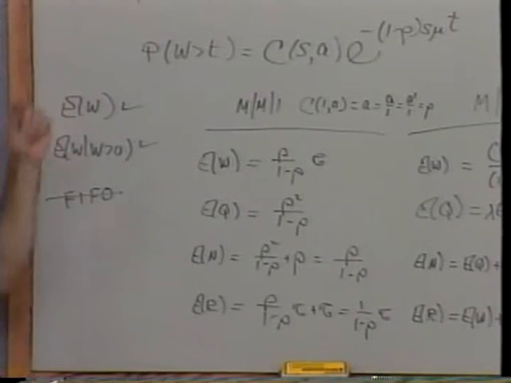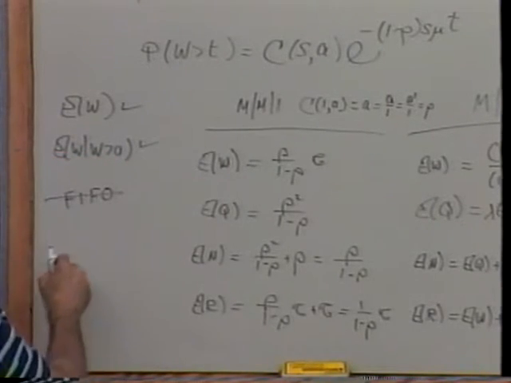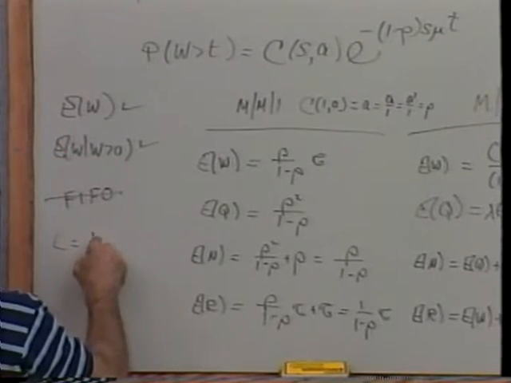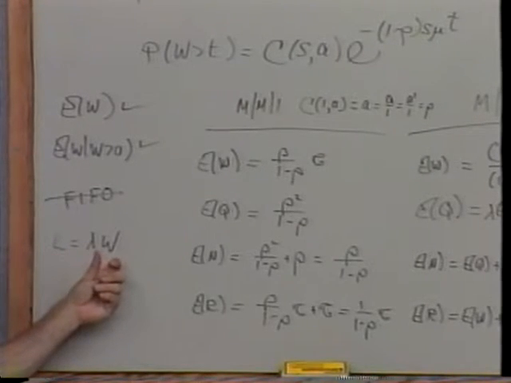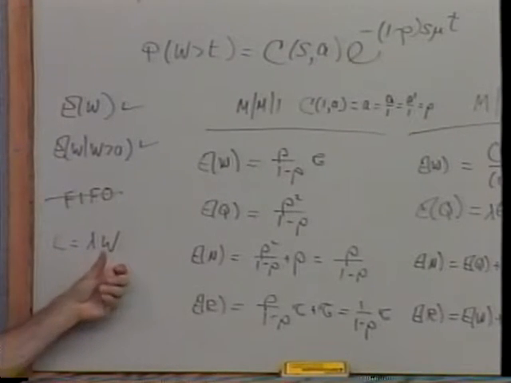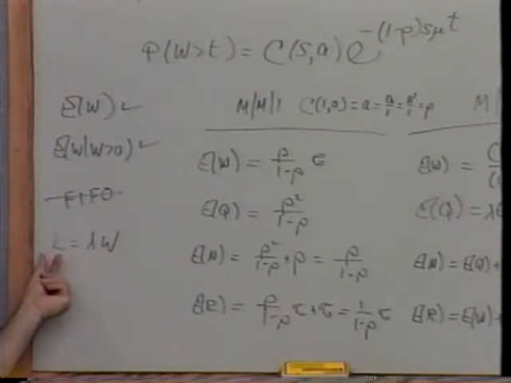And now how do you know that? Well, I know that from Little's theorem, because Little's theorem says that L equals lambda W. So what this tells me is that any change that I make that doesn't affect L can't affect W either, because L must be equal to lambda W. So what I did was I calculated the W first, and I got the L from it.